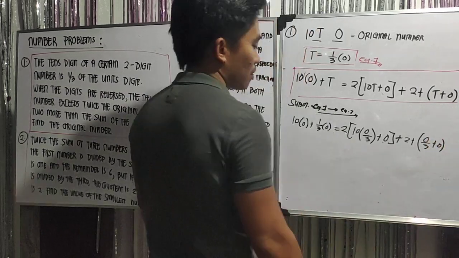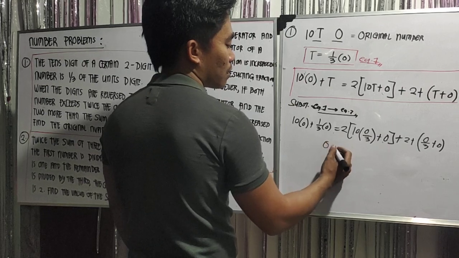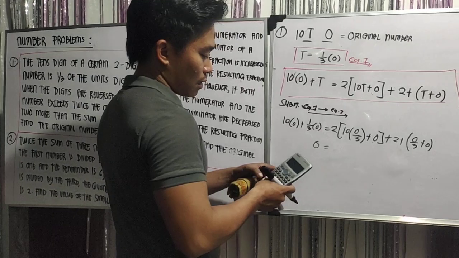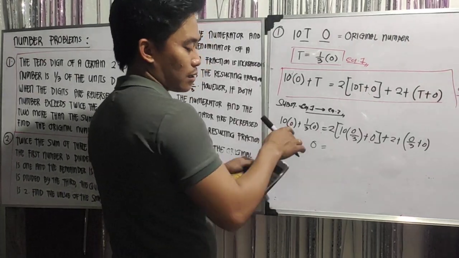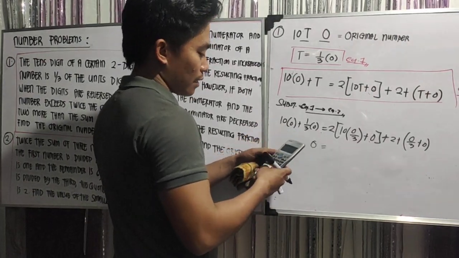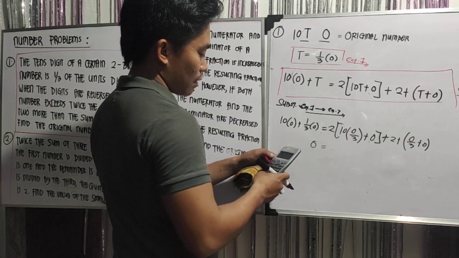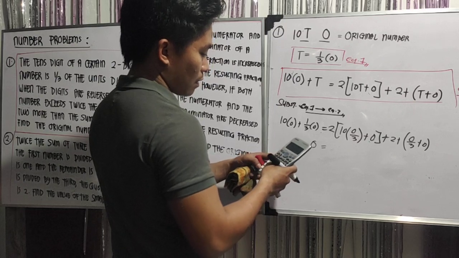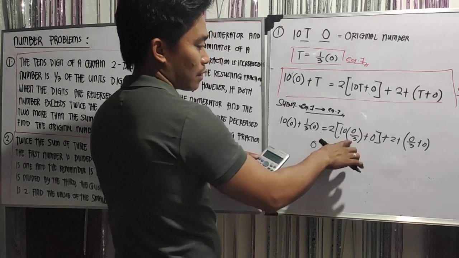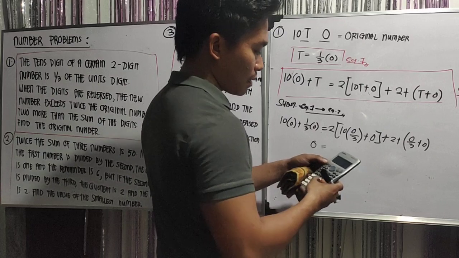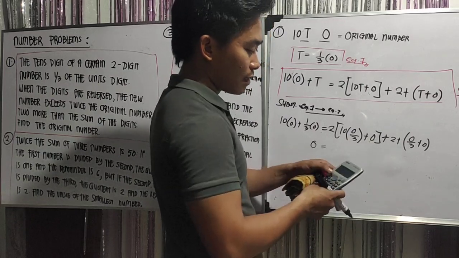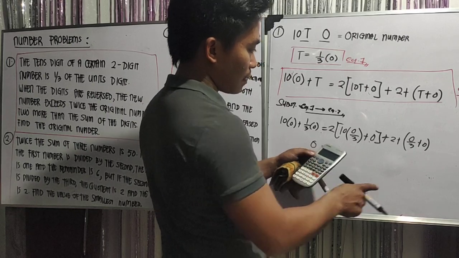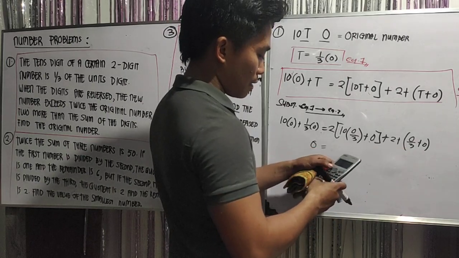Now, shift solve, what is the value of O? I'll just input it in the calculator. Let O be alpha x in your calculator. So 10 alpha x plus alpha x over 3, alpha equals 2 times 10 alpha x over 3, plus O, which is alpha x, plus 2 plus alpha x over 3, plus alpha x.